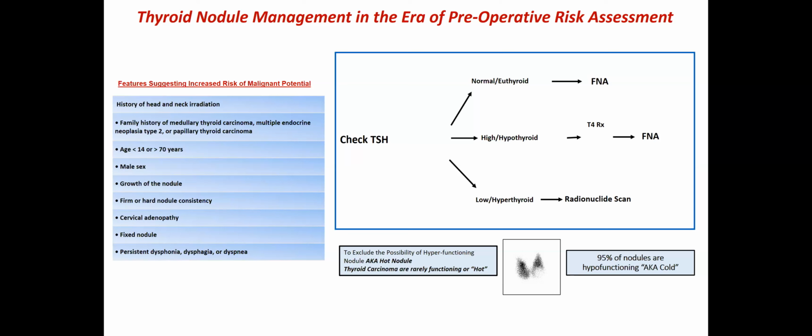Now, in adults, carcinoma in a hot nodule is basically a rare occurrence. That's why those nodules can be clinically managed and may not undergo FNA, because you can imagine a functioning nodule will be very cellular and most likely be diagnosed as atypical or follicular neoplasm on cytology. So the goal is to biopsy mostly hypofunctioning or cold nodules, which are making less thyroid hormone compared to the surrounding thyroid.